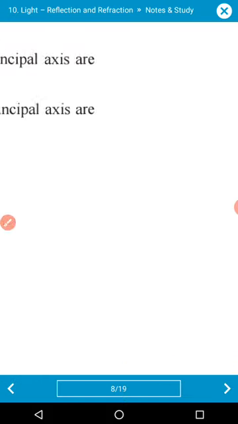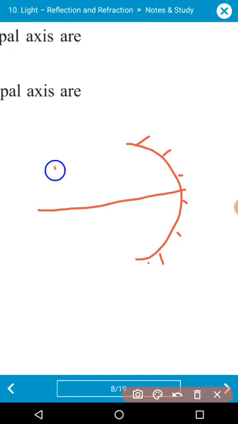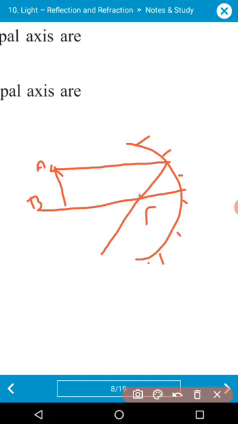Suppose this is a concave mirror and this is the principal axis. I am going to put my object over here, that is AB. From AB the light ray goes over there, and after striking it is reflected over there, passing through the principal focus.